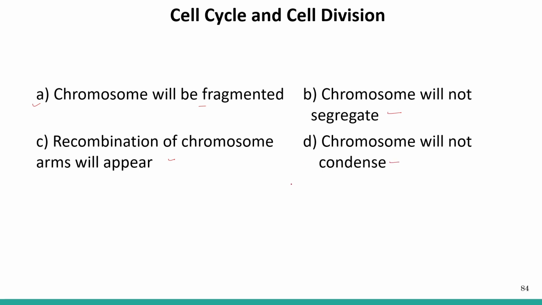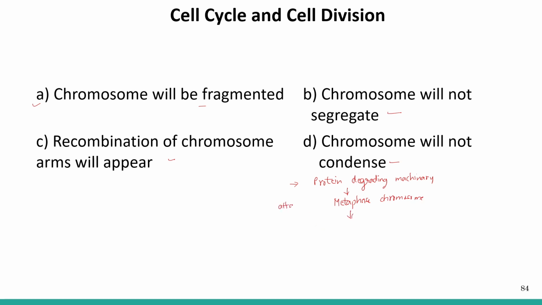I've already told you APC is a protein degrading machinery. It is a protein degrading complex that attaches to the metaphase chromosomes, the chromosomes lying at the equator. And what do they do?